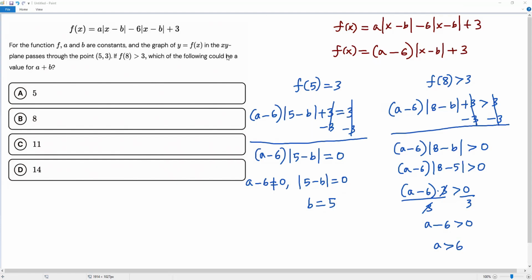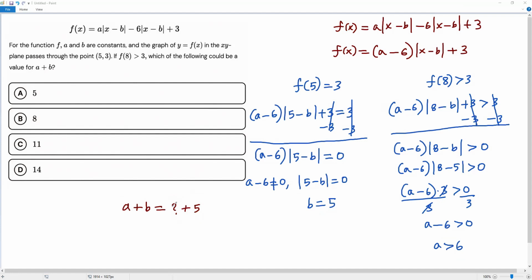And our aim is to get the value of a + b. Let me consider a + b. Here, what value should I take for a? I can take any value for a which is greater than 6. Now let me write a question mark in place of a, and for b we have the exact value, that is 5. What should be the value of this expression? In place of the question mark, I can take any value greater than 6, like 7, 8, something like that.